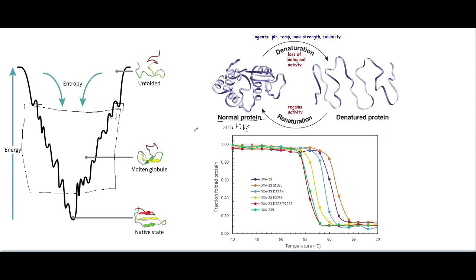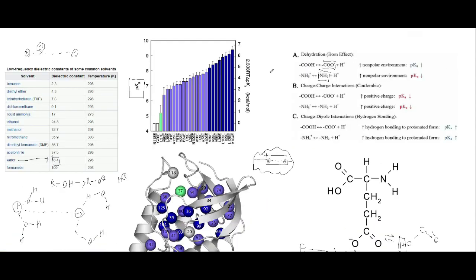What can happen is we can do things to this native state protein that can denature it, turn it back into this disordered state. This is called denaturation, and there are different things you can do to denature the protein. You can change the pH. We talked about things like these ionic bonds, and because we're in this hydrophobic environment, these charges will have different pKa's.